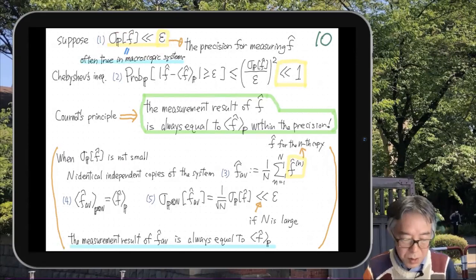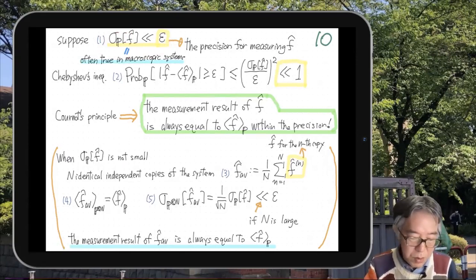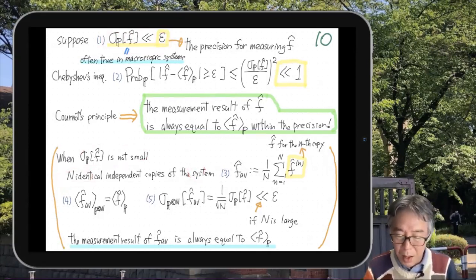And here's a very short remark about what to do when this is not necessarily small. If this is not small, what do you do? One way of dealing with the situation is that you prepare n exactly identical copies of the same system, and we denote by f hat n the state quantity in the nth copy corresponding to this f.